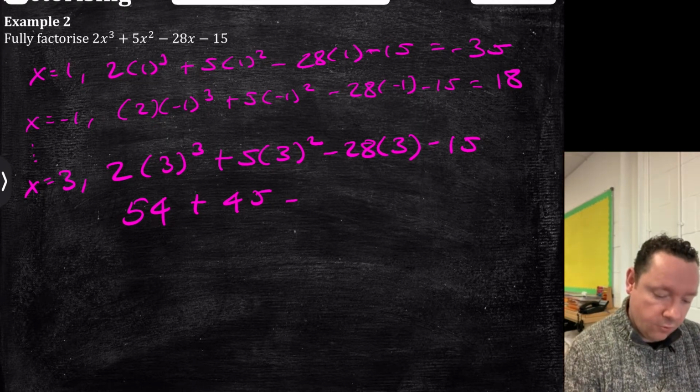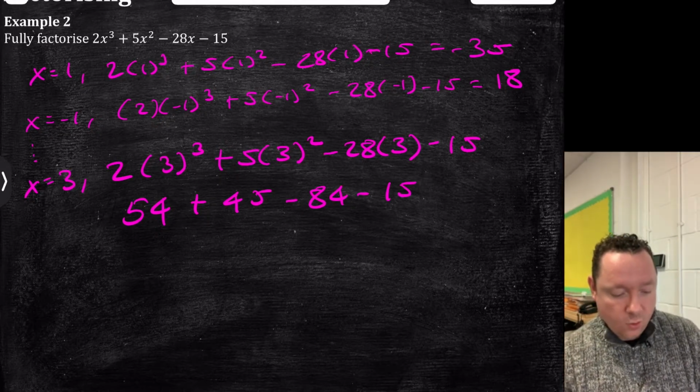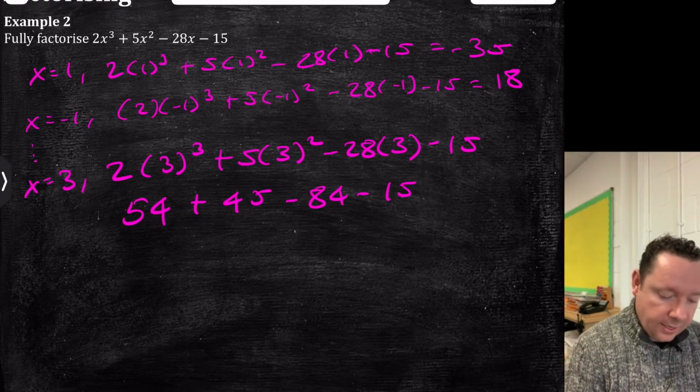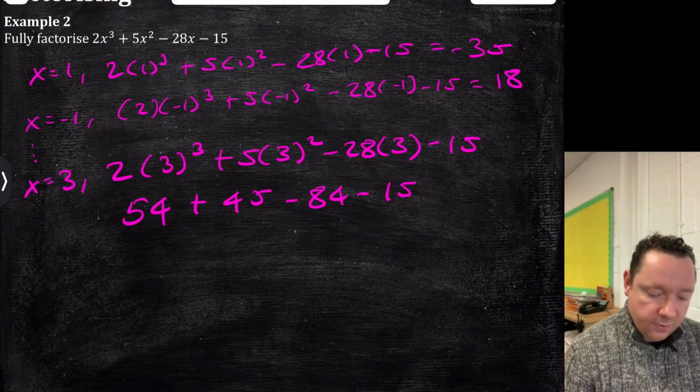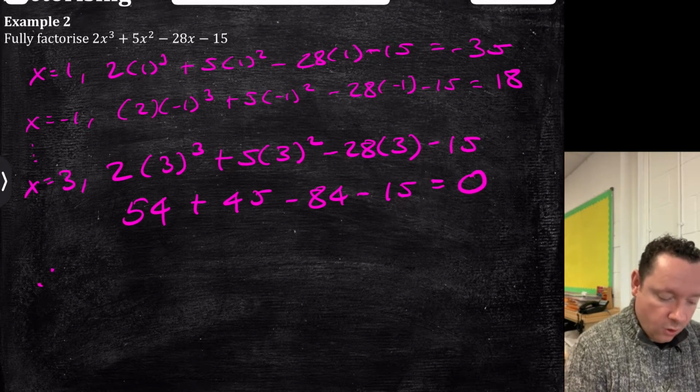So it's minus 84 and minus 15. 54 and 45, well that's going to be 99. 84 and 15 is also 99, so that equals 0. Therefore, x equals 3 is a root.